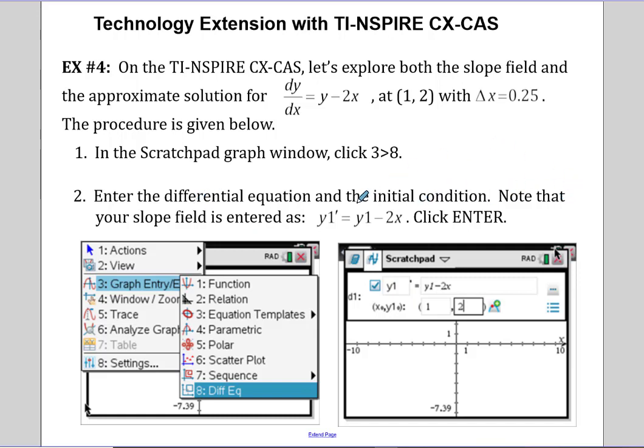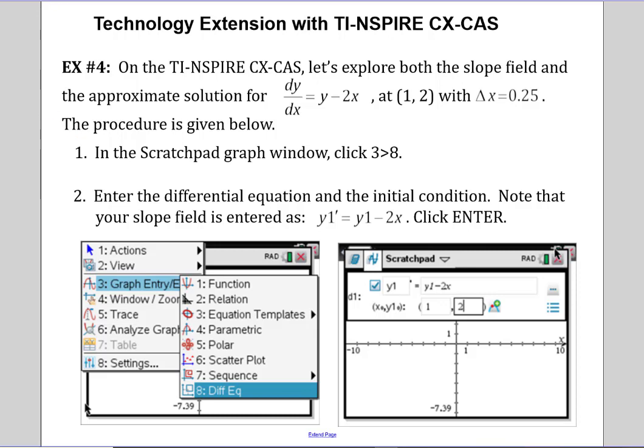So we're saying that y1 is the slope field, and our slope field was y1 minus 2x. So I had to put y1 in there. And the initial condition was (1, 2), so you can see I put the ordered pair (1, 2) here. Okay, so we went 3 is graph and 8 is differential equation, and it popped up this screen for you to enter the given information.